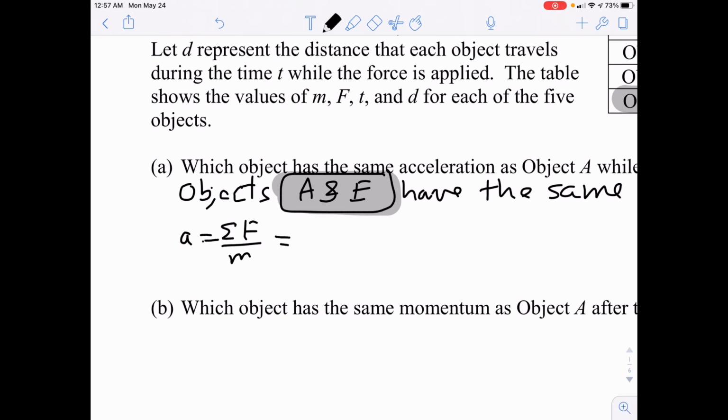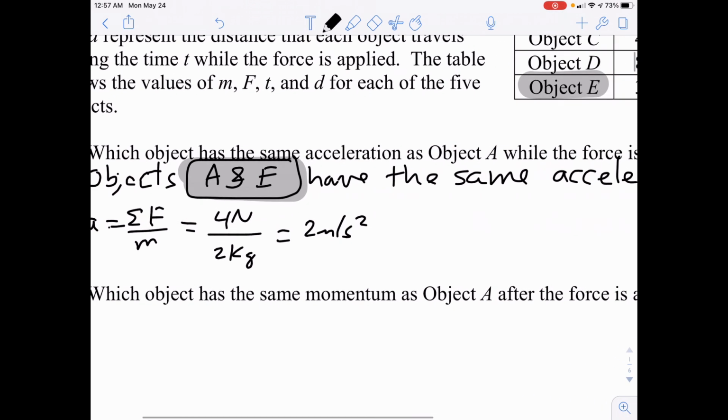So the net force in object A is 4 newtons divided by 2 kilograms, or 2 meters per second squared. And again for object E, 6 newtons divided by 3 kilograms, also 2 meters per second squared.